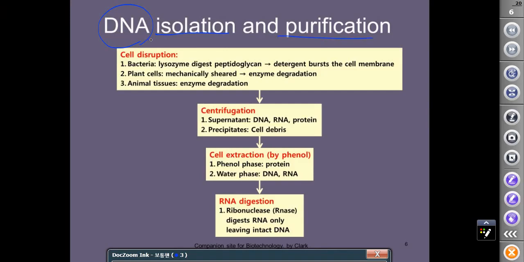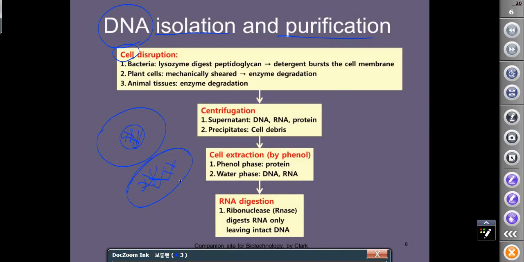So how do you get the DNA? From where do you get the DNA? Of course, from the cell. To be exact, from the nucleus. You have the DNA here, right? Well, if it's a prokaryote, then the DNAs are all exposed in the cytosol.